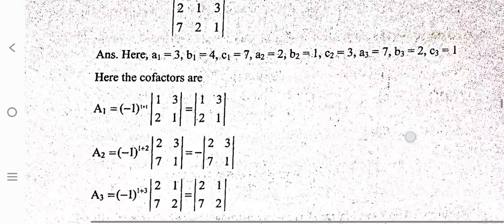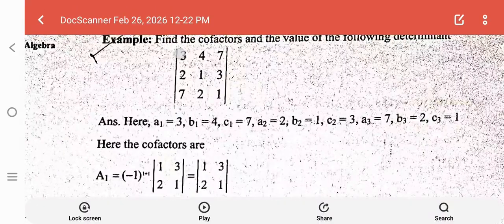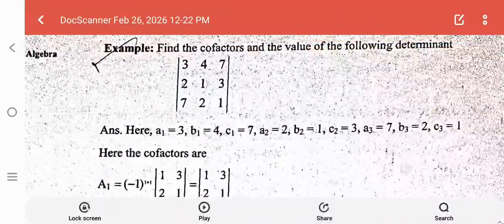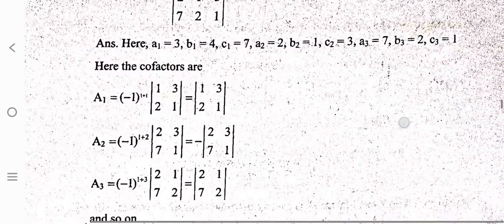So we can write the cofactor of a1, the first element, as minus 1 to the power 1 plus 1 multiplied by the minor of the first element, the minor of 3, which gives us a positive minor value.